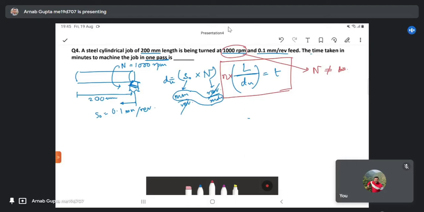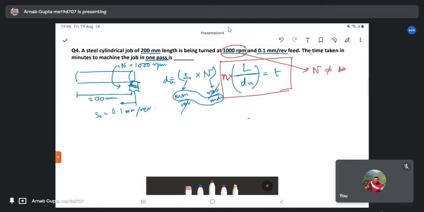In that case, whatever the diameter of the workpiece, this is the rpm. So that won't affect the value of t in subsequent passes, say pass 1, pass 2, pass 3. You can simply multiply the number of passes with L by S naught N and find out the time of machining.